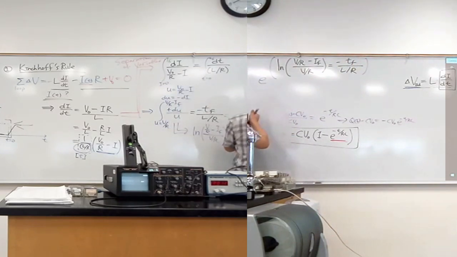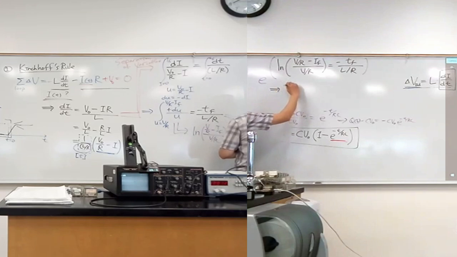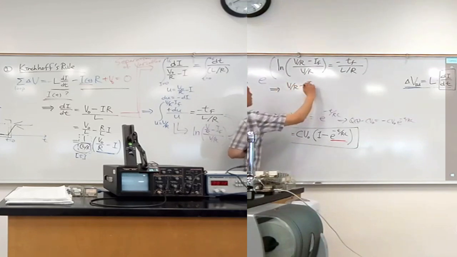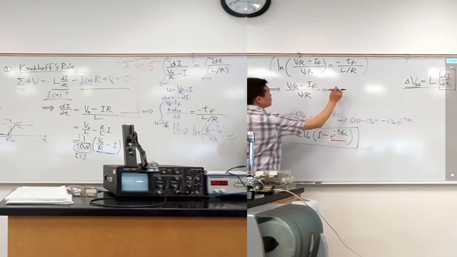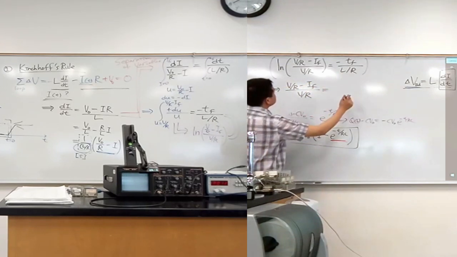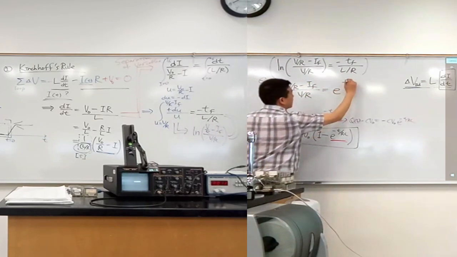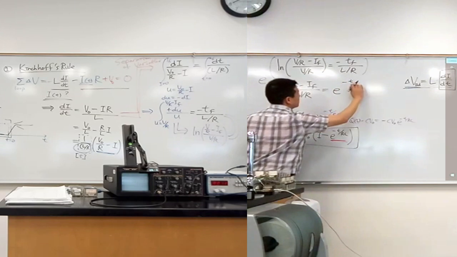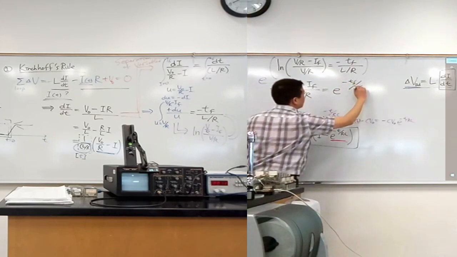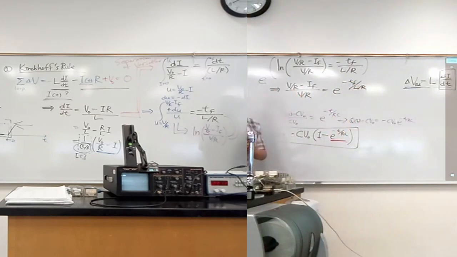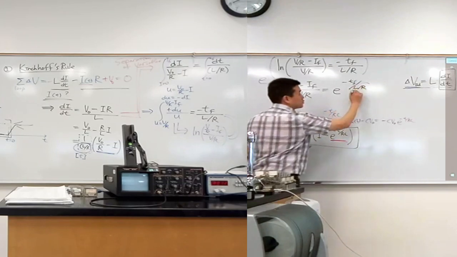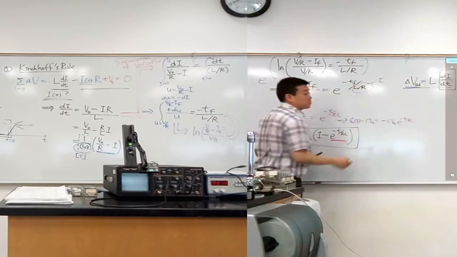So the left-hand side becomes (V over R minus I final) over (V over R). That's equal to e to the minus t final over L over R. So this is where it actually begins to look like the time constant that you saw last time.